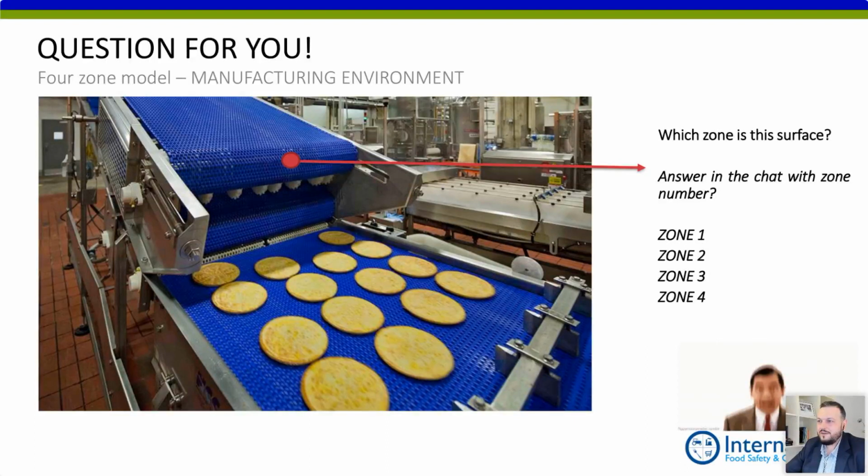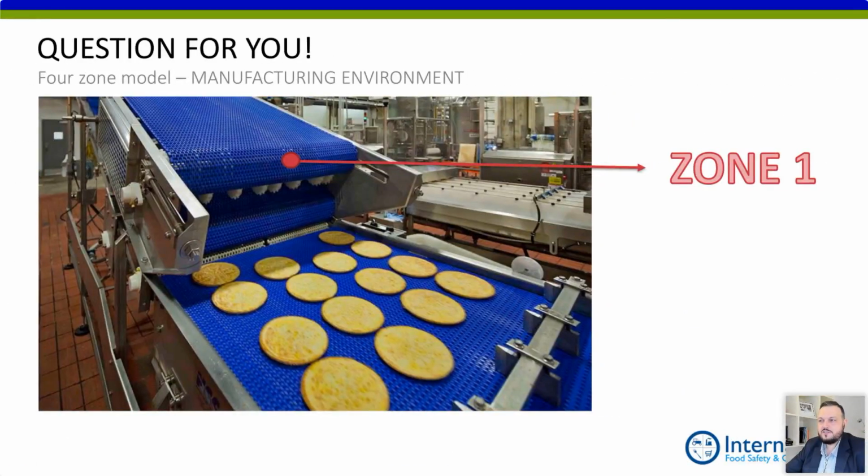Hasib says zone 1, Adriana zone 1, yes, direct contact, 1, 1, 1. Everyone is saying 1. Yes, you are totally right. So this is zone 1. This zone 1 is in direct contact with product, and this is the place where you always want to check for potential microorganisms, especially pathogen microorganisms that can lead to foodborne illnesses.